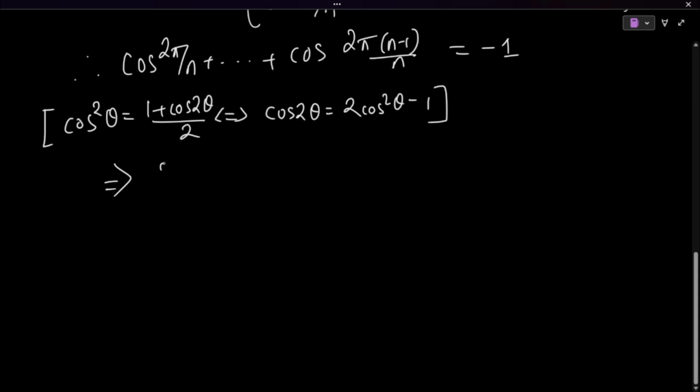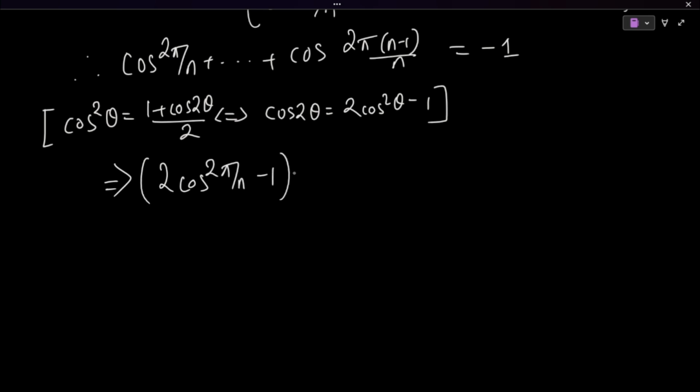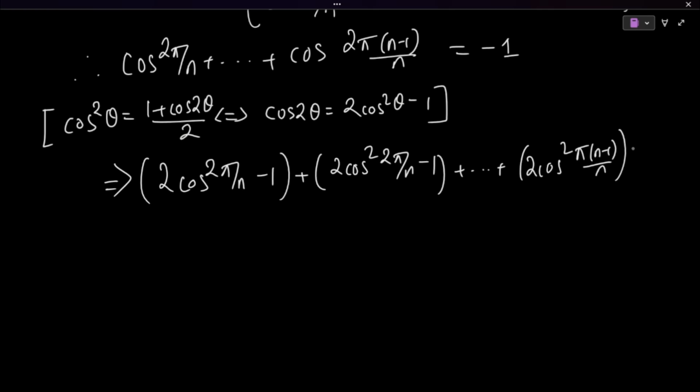Therefore, in each bracket you get 2 cos square of pi by n minus 1 for the first one. For the second one, which was cos of 4 pi by n, you would simply get 2 cos square of 2 pi by n minus 1. And the last term, you should get 2 cos square of pi times (n minus 1) by n minus 1.